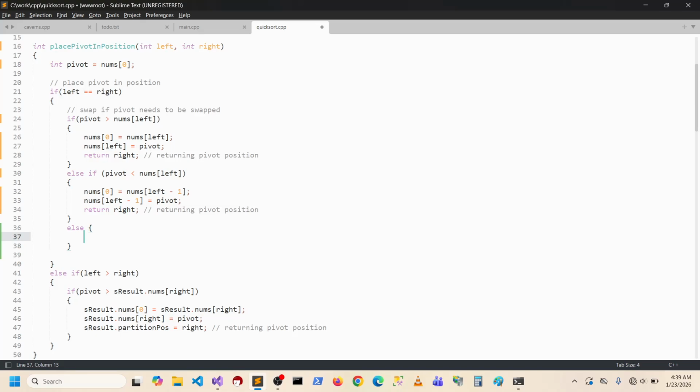What are we doing? So what do we do when it's equal? So the left equals right, and it just happens to be the pivot. So we can either go one up or, well, we'd have to go down. So we'd actually exchange it with pivot minus 1.